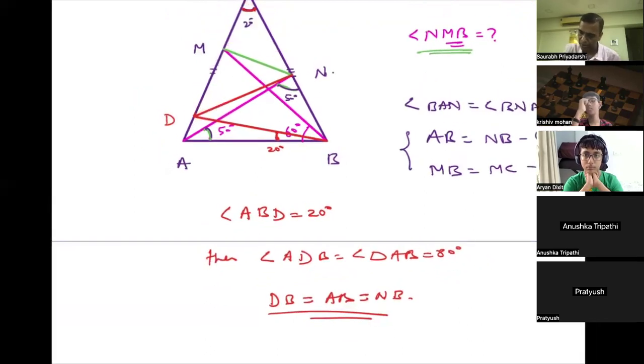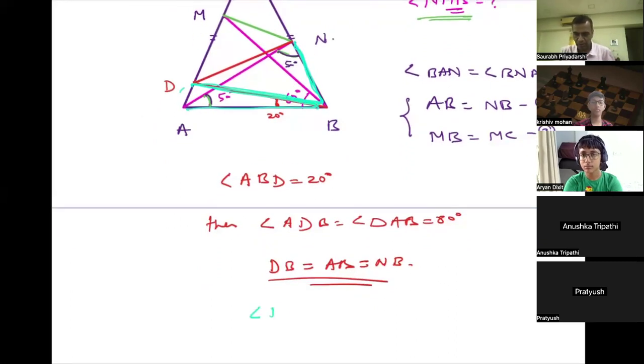This DB is equal to AB is equal to NB. We have already taken this, which means this and this both will be the same.